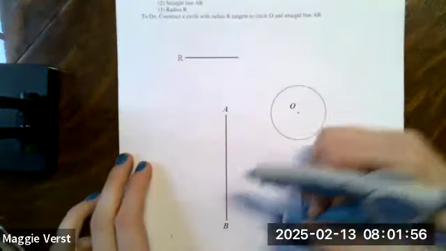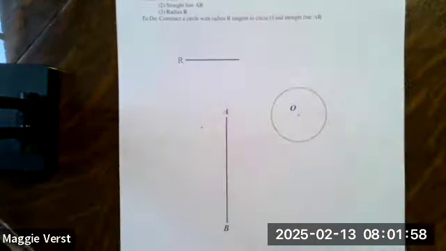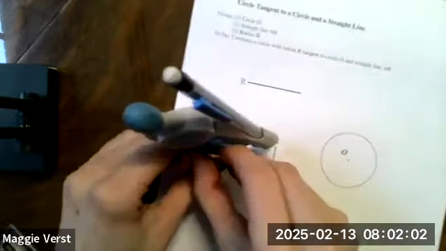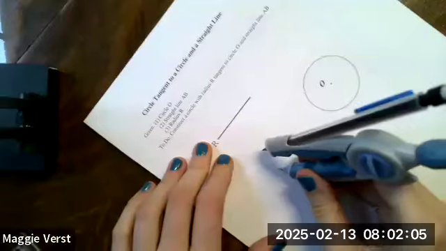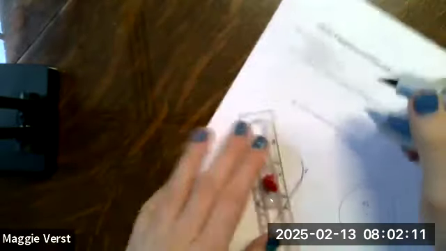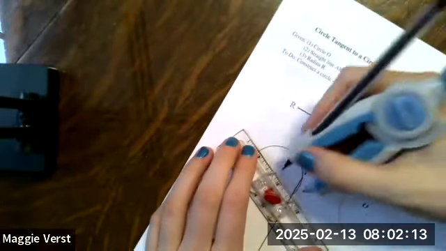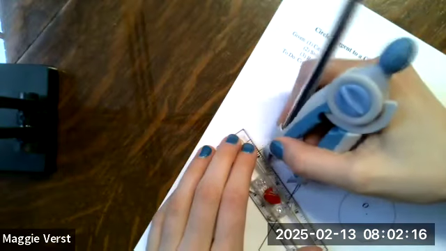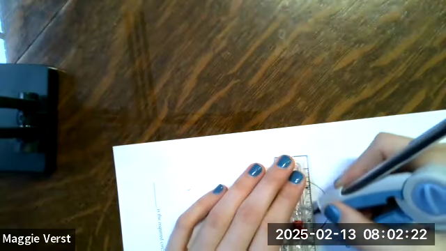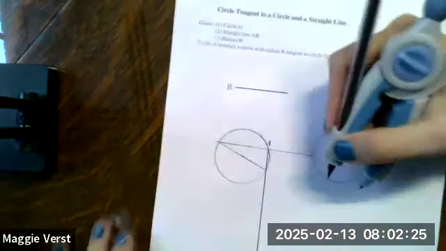First thing I'm going to do is find the center somewhere on a line here, which requires me to do that perpendicular. So I'm going to construct that perpendicular, put my center here, and draw my circle. I can do that. Great. Perpendicular. Great.